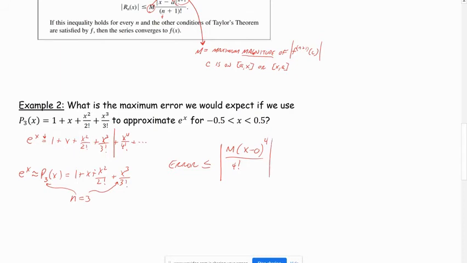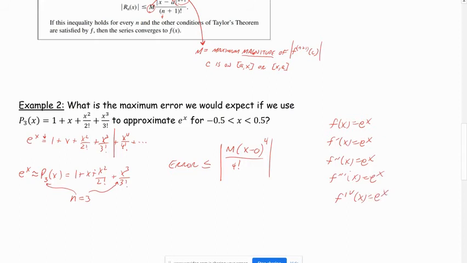Okay, and so now we need to figure out what M is. And so we need the 4th derivative of e to the x. So f of x equals e to the x. The first derivative is e to the x. The second derivative is e to the x. The third derivative is e to the x. And the fourth derivative is e to the x.